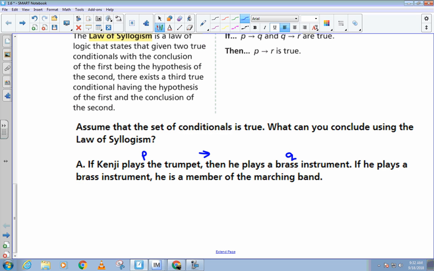Then I repeat my Q. If he plays the instrument, then he is a member of the marching band. So the law of syllogism allows us to take the first hypothesis with the second conclusion. So what would that be? If Kenji plays the trumpet, then he's in the marching band.